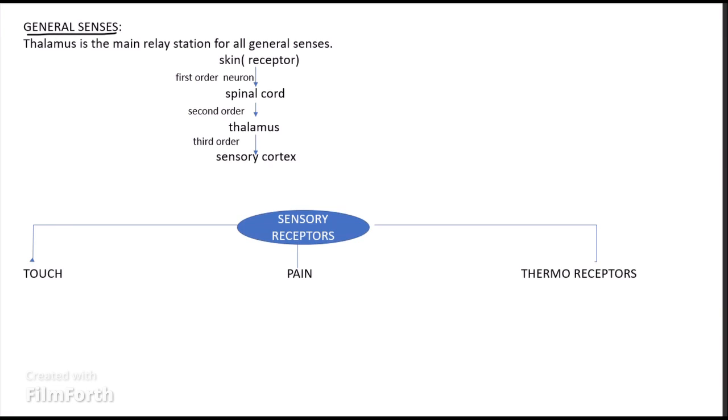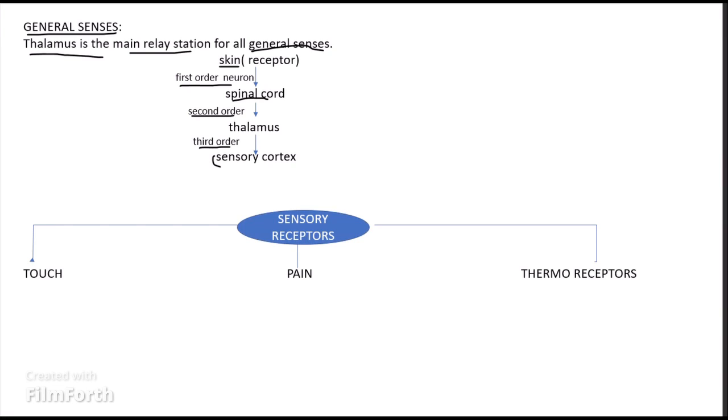Then coming to general senses, everything should be carried by a tract. Every sensation should be carried by a tract. For general senses, thalamus is the main relay station. Okay. So a sensation which is received by skin is taken to the spinal cord by the first order neuron. From the spinal cord, these sensations are relayed to the thalamus by the second order neuron.